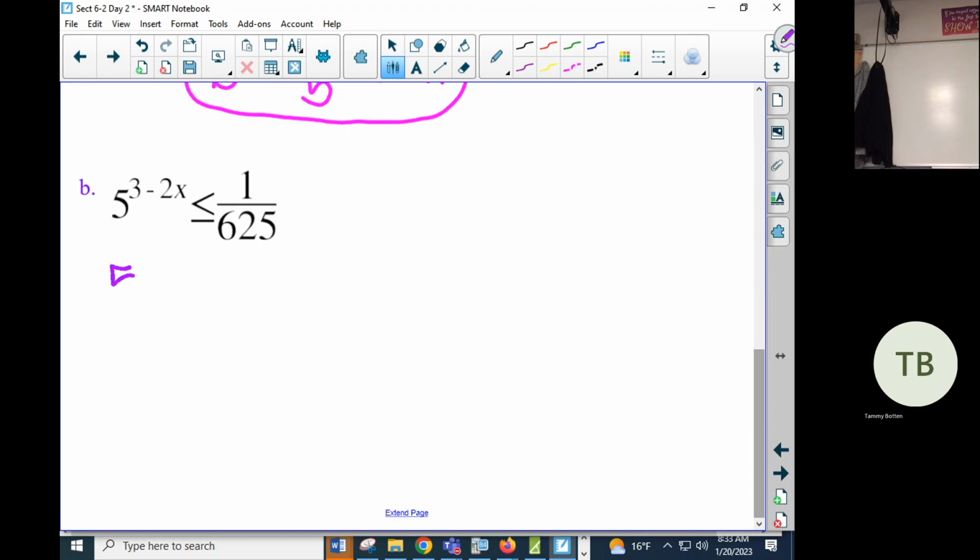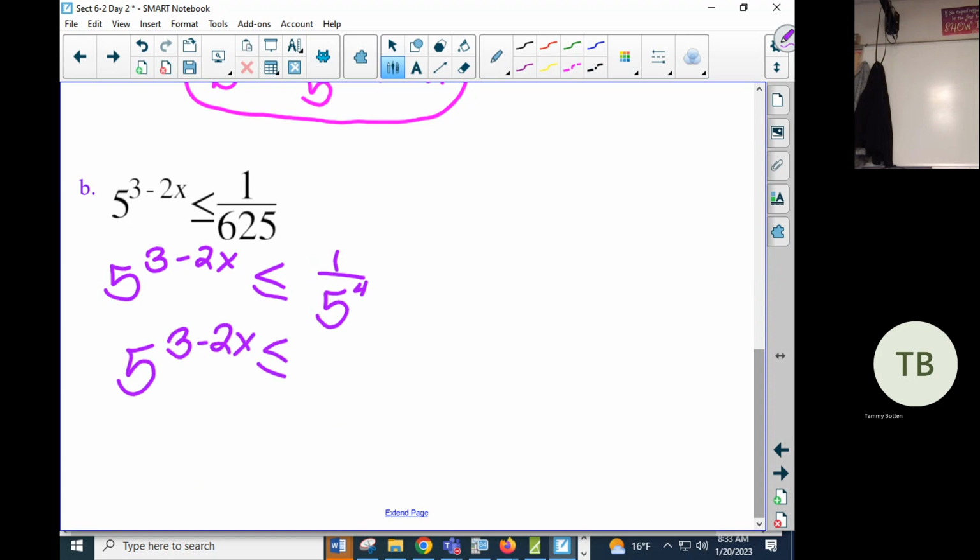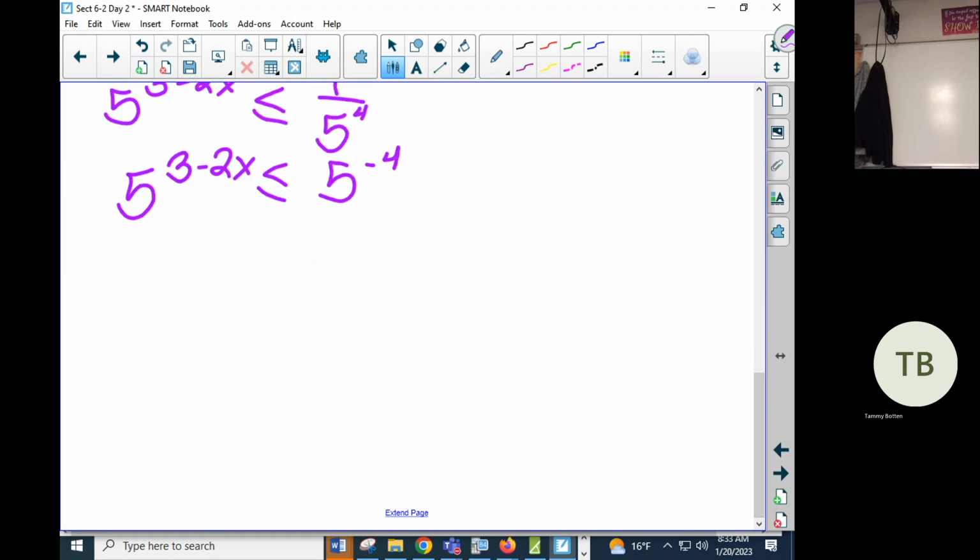So I can leave this one as 5. And then this is 1/5 to the 4th. And when you do that, you could have kind of saved this step. Do you guys get that when you bring this to the top, it's going to be 5 to the -4th? Everybody understand that? Okay.